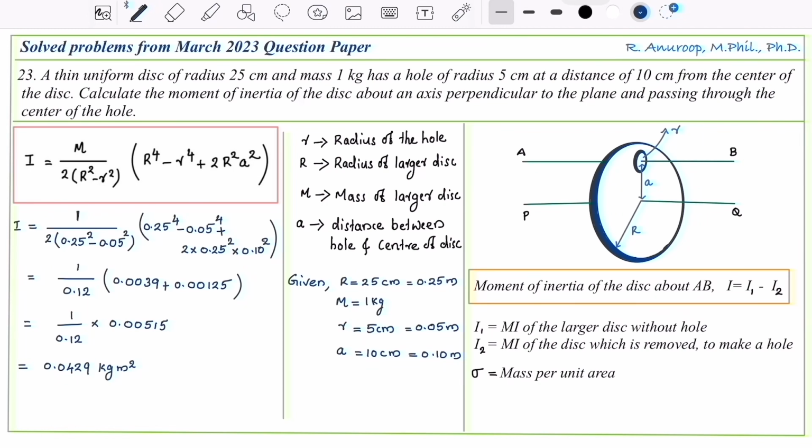That is, the moment of inertia of the disk about AB is 0.0429 kilogram meter square.